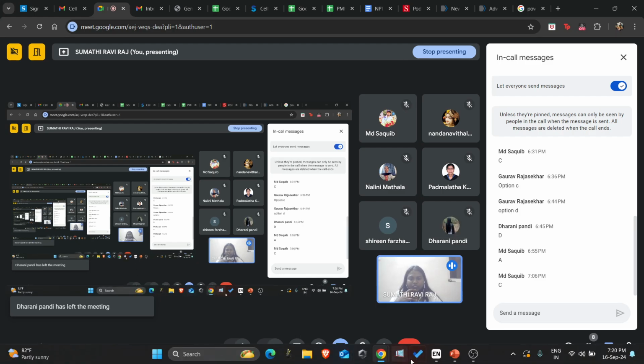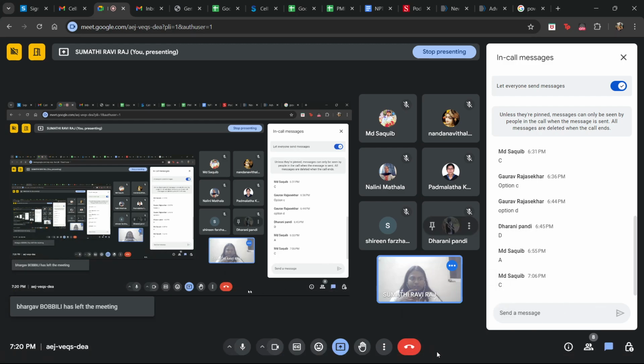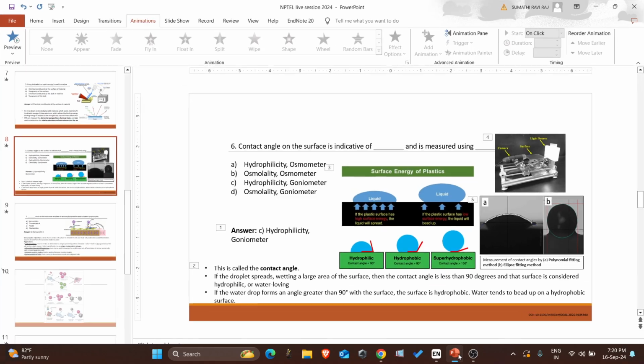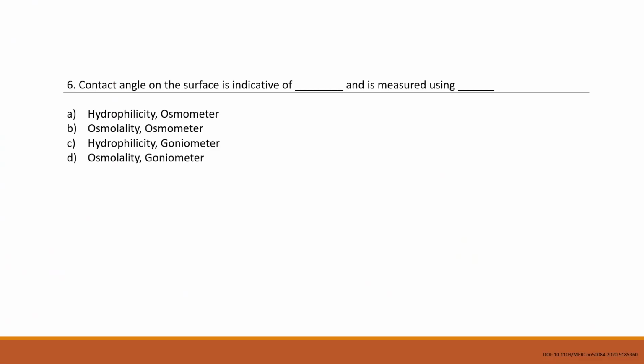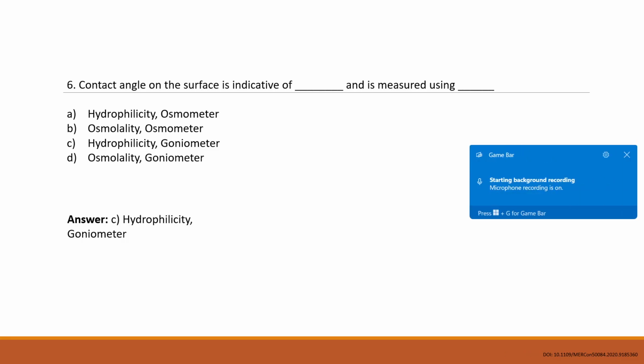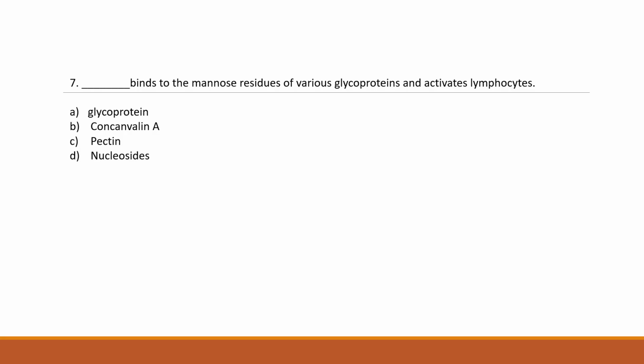Okay. Anyways, so what is the answer for this question now? Dash binds to the mannose residues of various glycoproteins and activates the lymphocytes.